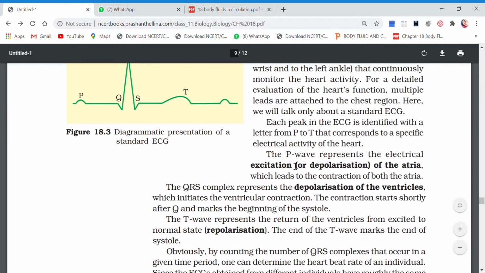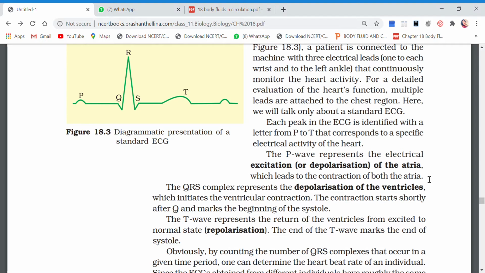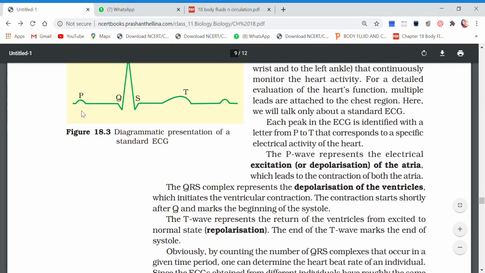This action potential or excitation will lead to the contraction of both the atria. We did this in the cardiac cycle, that both the atria contract simultaneously. So as soon as you see this elevated portion of P, you can say that the atria are excited, the action potential has reached the atria and the atria have started contraction.